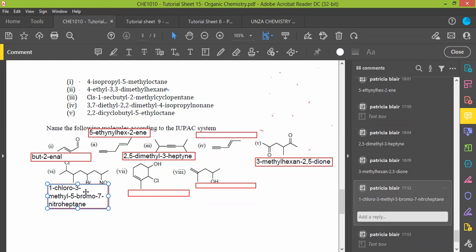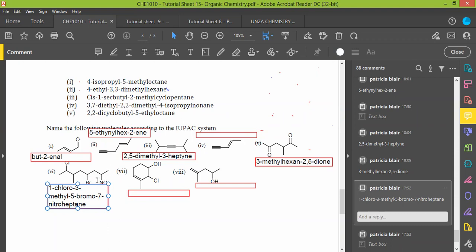Their effect will hardly be felt by doing that. So what you do is, just as the name has been given, these will be considered as substituents. So you count your substituents from this end: 1, 2, 3, 4, 5, 6, 7, 8.